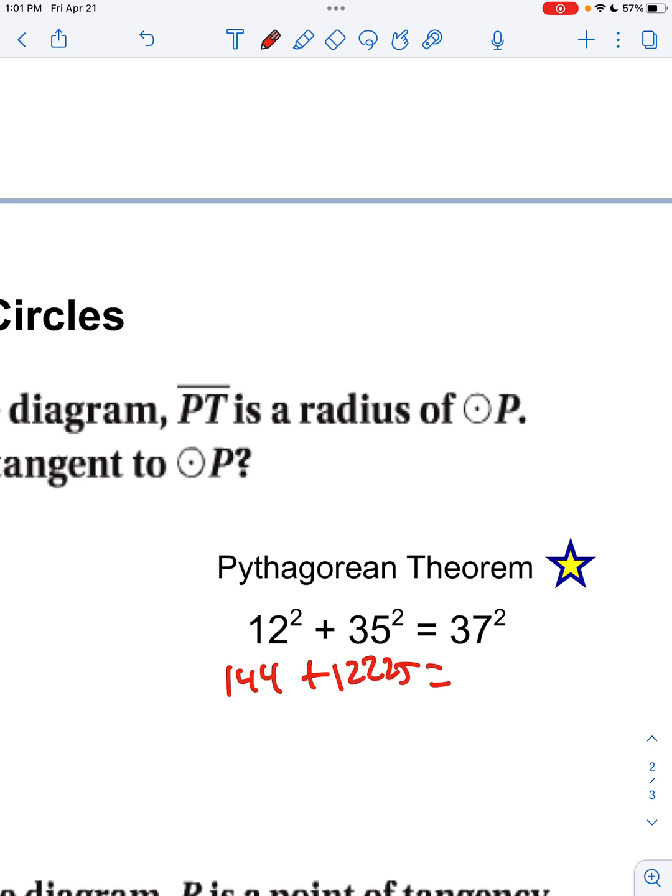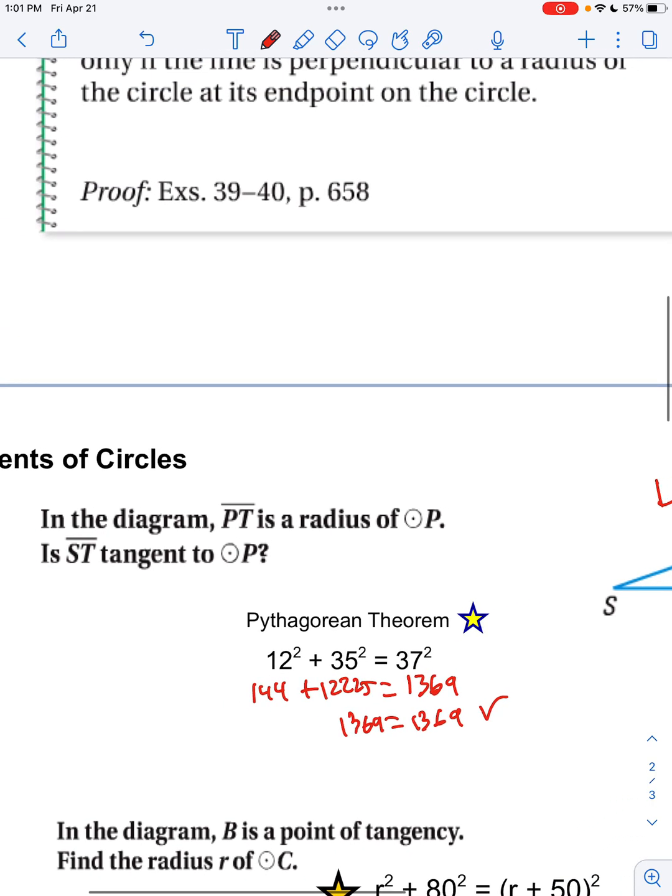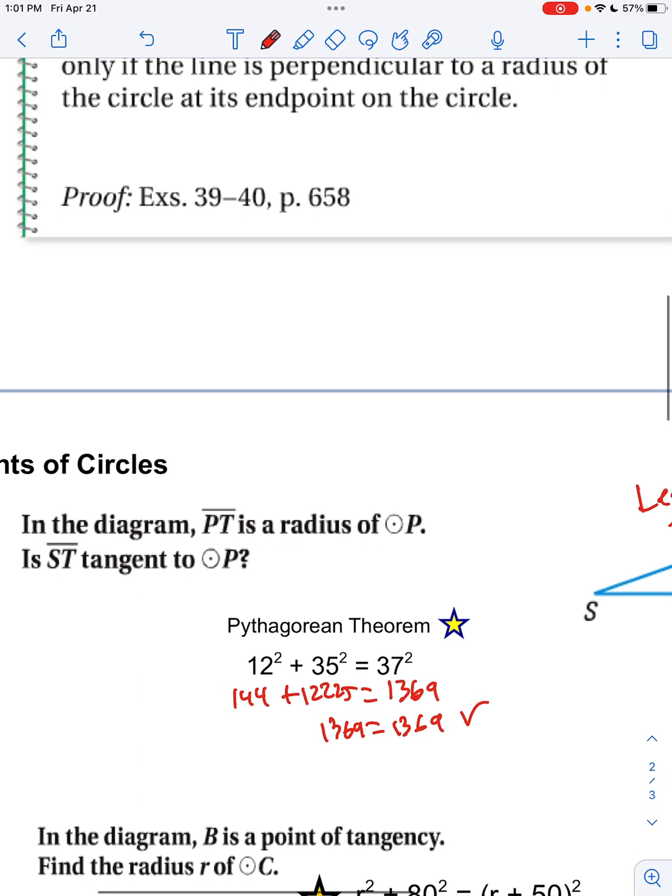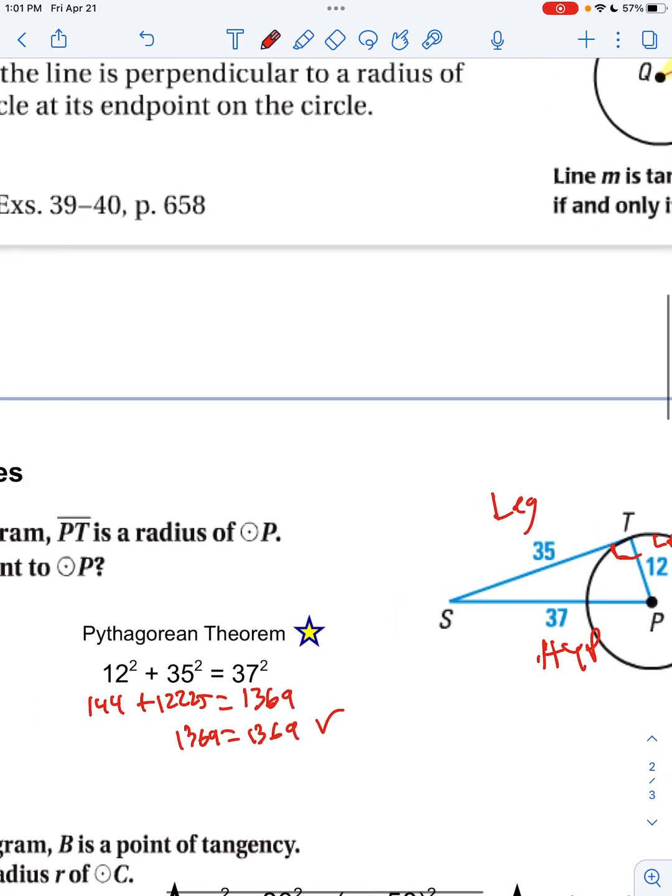And 37 squared is 1,369. When I add these up, I end up getting the same exact thing. So because the Pythagorean theorem is true, we proved that this is a right angle.